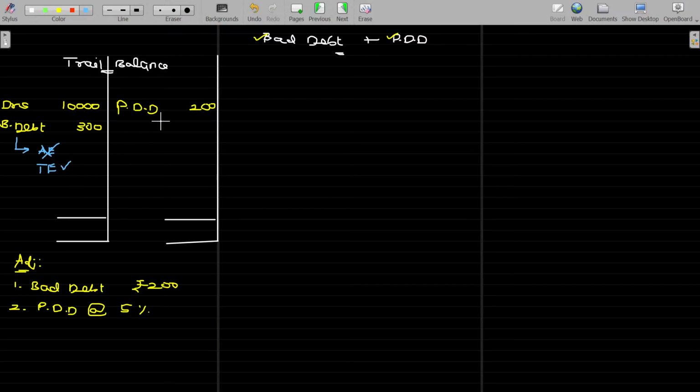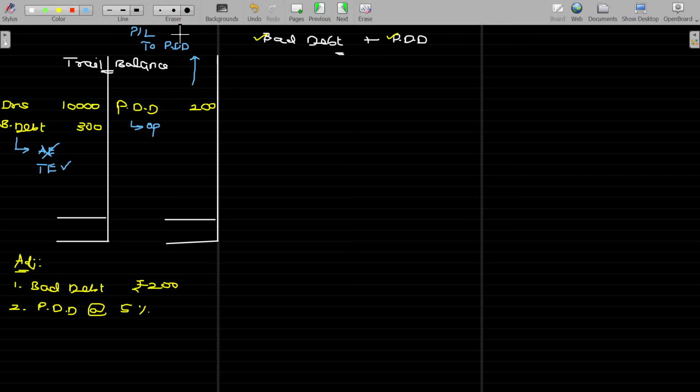And PDD given in the trial balance is on the credit side. Always remember the PDD should be a credit balance. If the PDD is given in the trial balance along with the bad debt and debtors, it means this will be the opening balance. This PDD might have been created in the previous year by debiting the P&L account and crediting the PDD account.